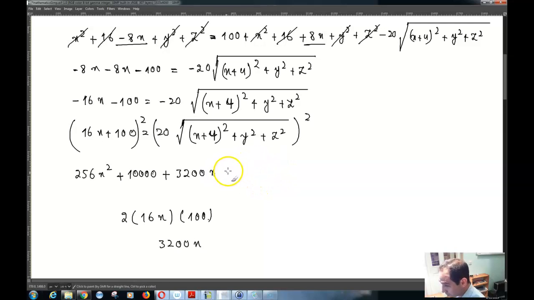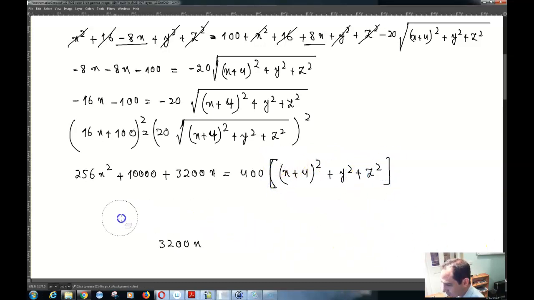And the other side of the equation is 20 squared, which is 400, times (x plus 4) whole squared plus y squared plus z squared.